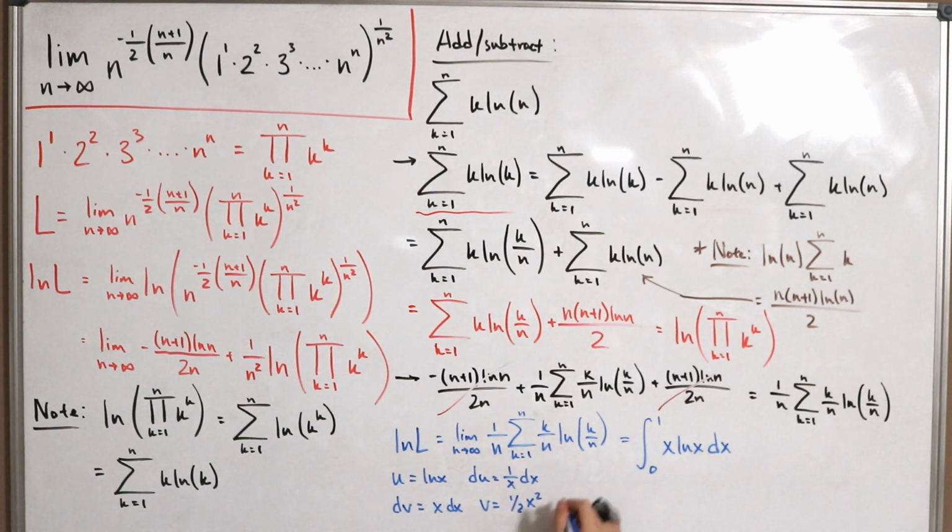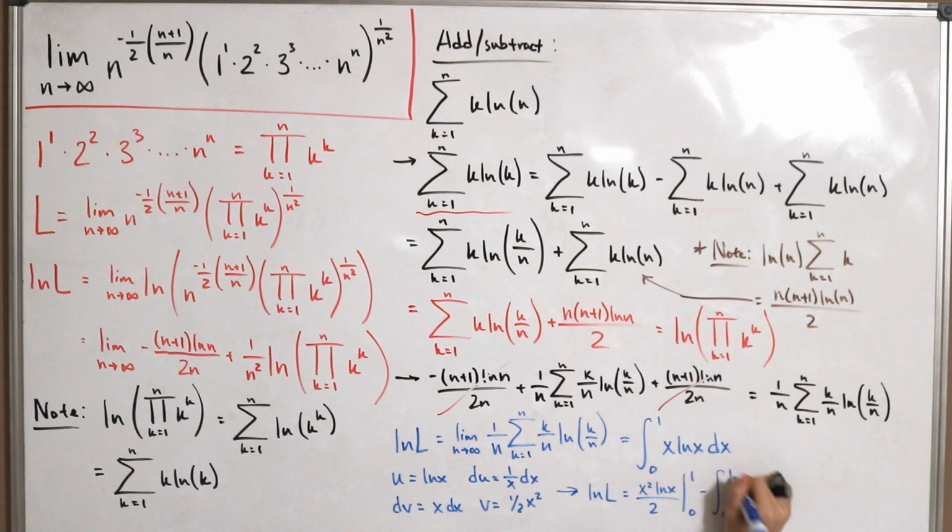Now plugging all this together, ln of L is going to equal x squared times ln of x, all divided by 2, evaluated from 0 to 1, and then we subtract the integral from 0 to 1 of v times du.